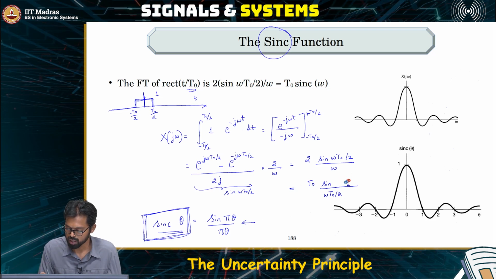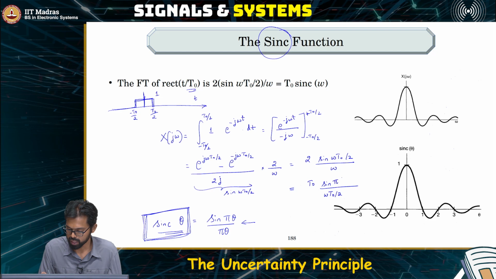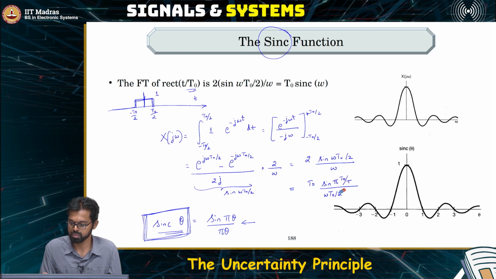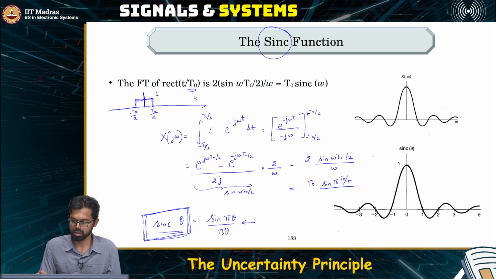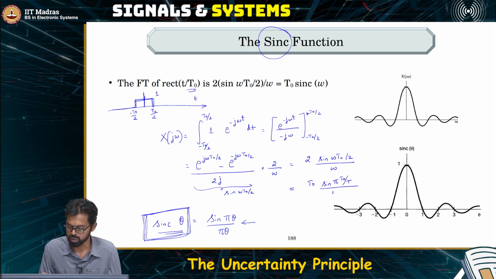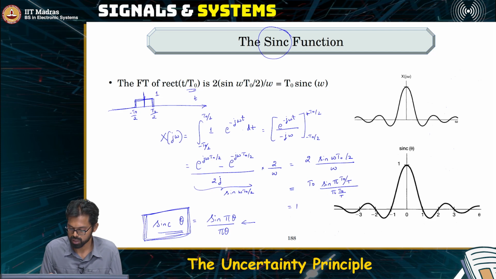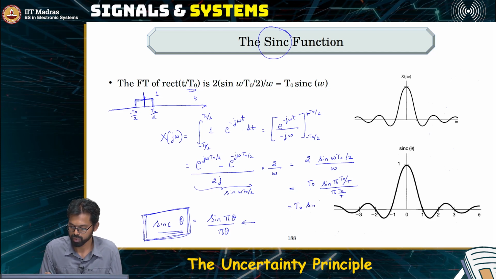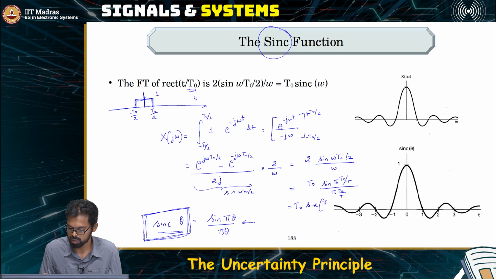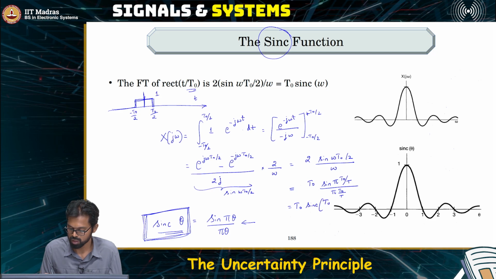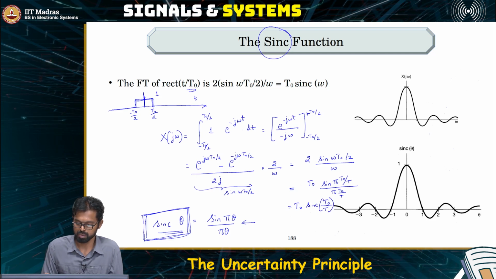Simplifying this, you get pi t naught by t, and in the denominator you get the same thing, which is pi t naught by t, which is nothing but t naught times sinc of t naught divided by t.